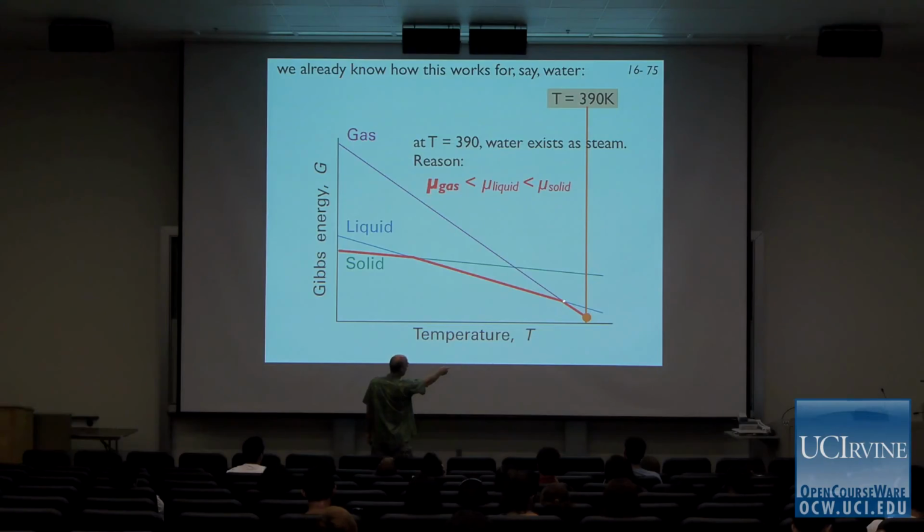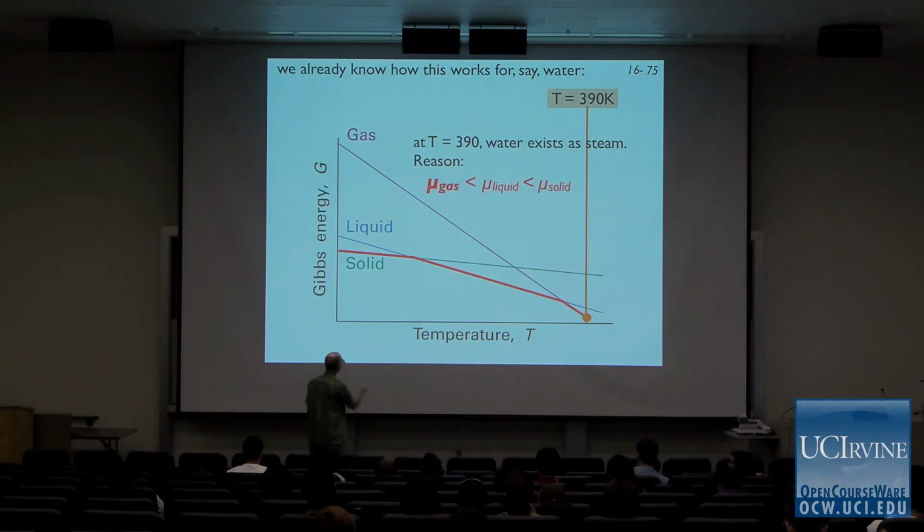But at these phase transitions, the chemical potentials of two phases are equal to one another, and in principle they can coexist. The chemical potential across the phase boundary for steam at the boiling point, in the liquid and in the gas phase, is exactly the same. By definition, it has to be. And the same thing is true for liquid water.